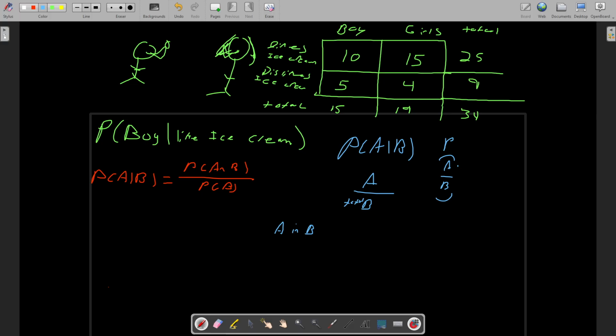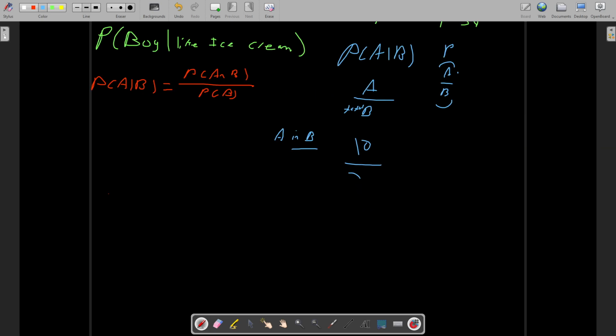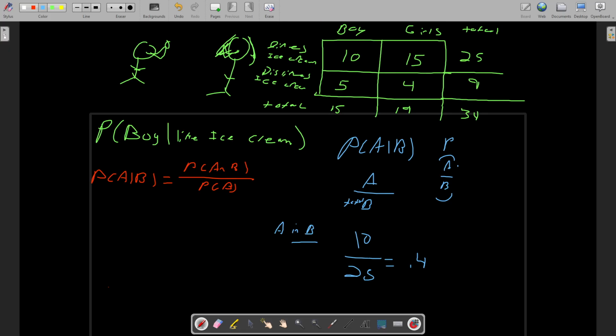But if we're looking only in event B, which is that they like ice cream, there's only 10 boys. So A in B is how many boys like ice cream, 10. And then total B, well, our B is likes ice cream, so how many people like ice cream? 25. And you see that this is also 0.4. And this really only works if you're given a table. If you're given a word question or something, it doesn't really work.